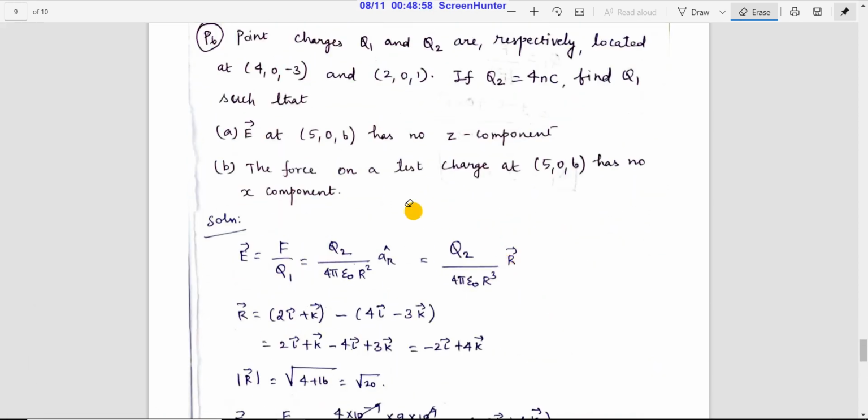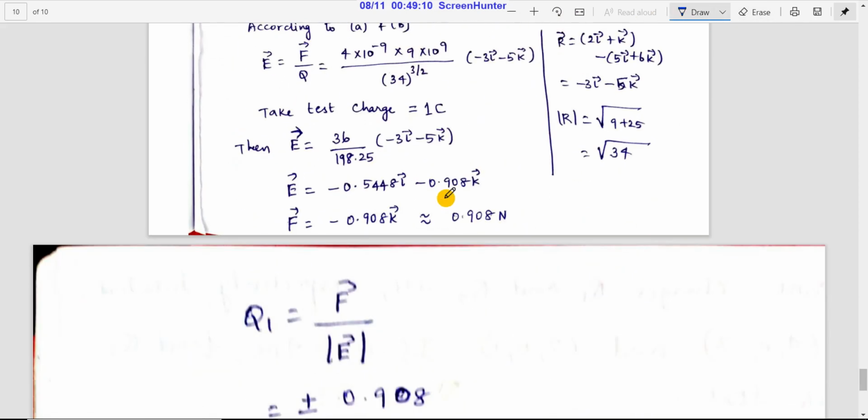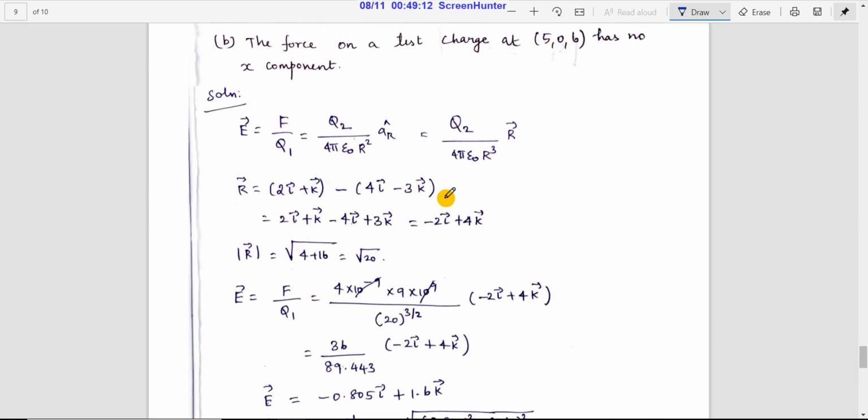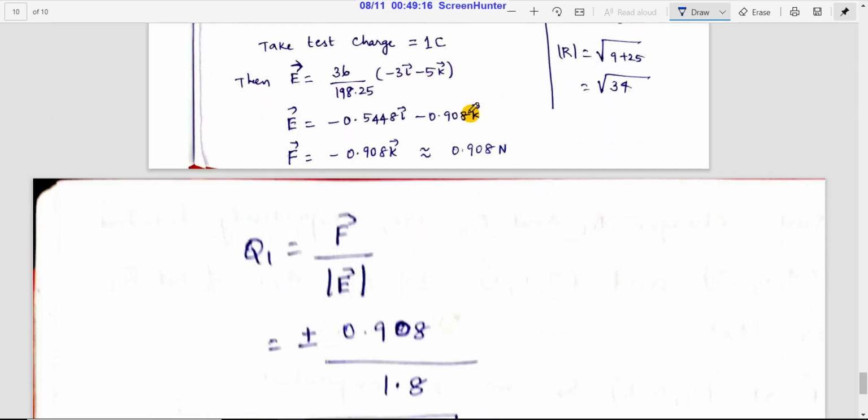The electric field has no z-axis component. So this electric field value has no z-axis component. Yeah, it should not have any z-axis component, so we can neglect this particular thing.